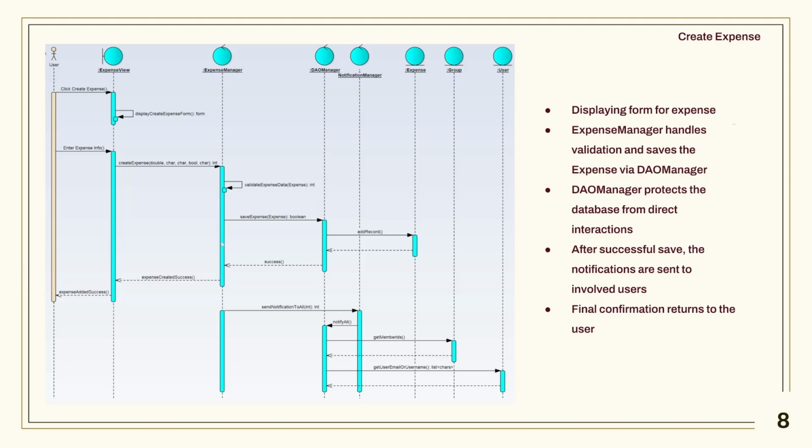While that's happening, the expense manager will also trigger the notification manager to send a notification to everyone. This one will trigger the DAO manager to notify everyone, because we don't want to give the notification manager direct access to the database. We want to go through the DAO manager, and it will get the member IDs from the group for all the members.